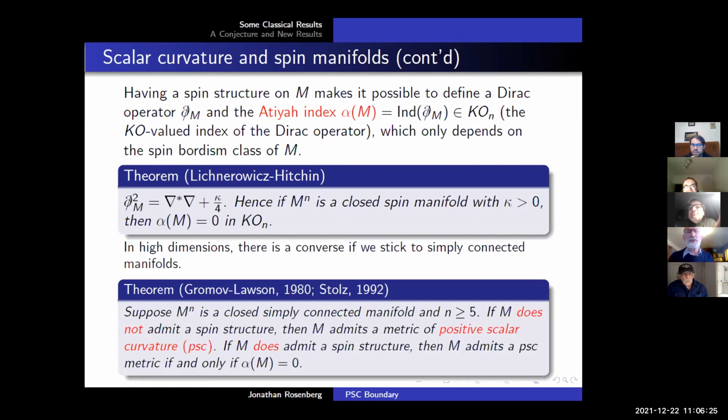You can phrase it in terms of the classical Dirac operator also in some dimensions, but that is just technically more complicated. Okay. Thank you.